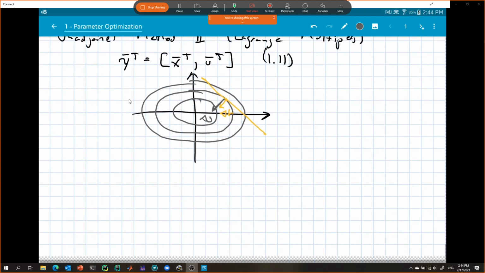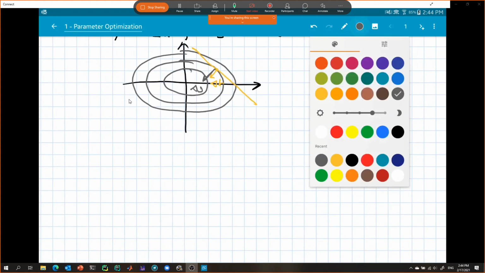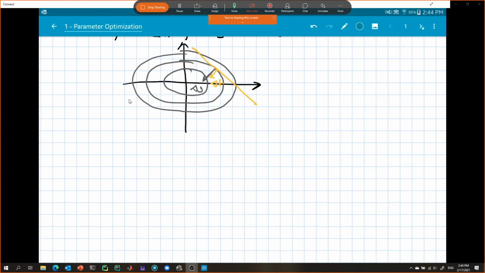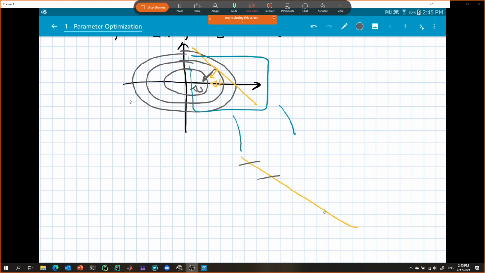And you could note that the tangent, so if we zoom in here, if we have a line, and say we have an intersection here, and here's our tangency. So J is increasing in this direction, and in this direction J is also increasing.